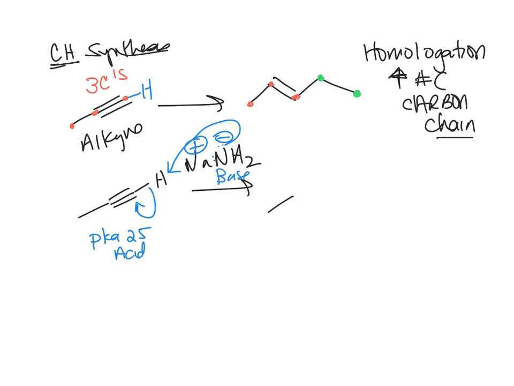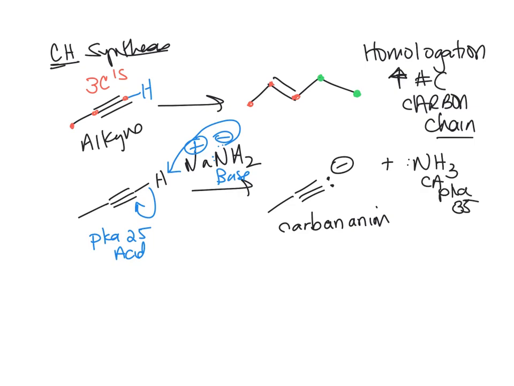And so then when you draw your deprotonated carbon anion, then you see that NH3, that's your conjugate acid, that pKa is 35. So 35 and 25, this is happening. And so you have your sodium here.